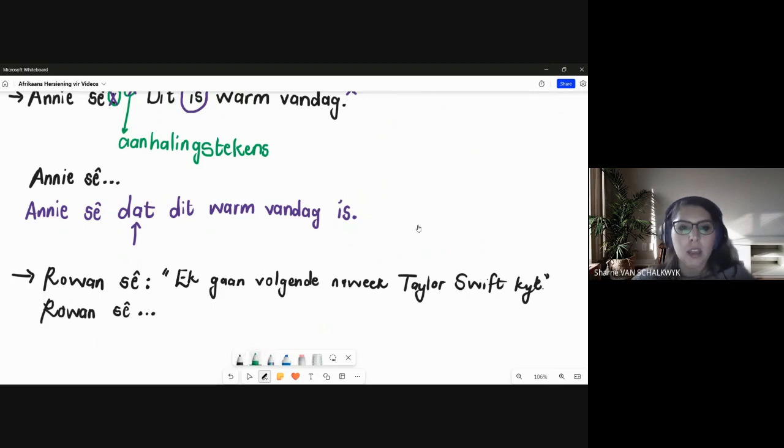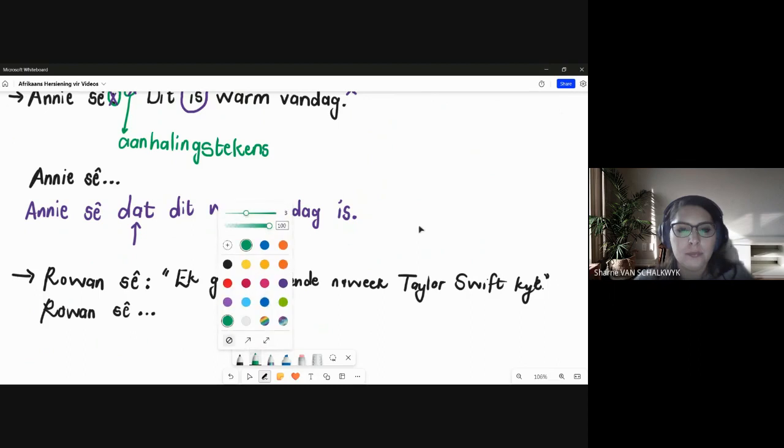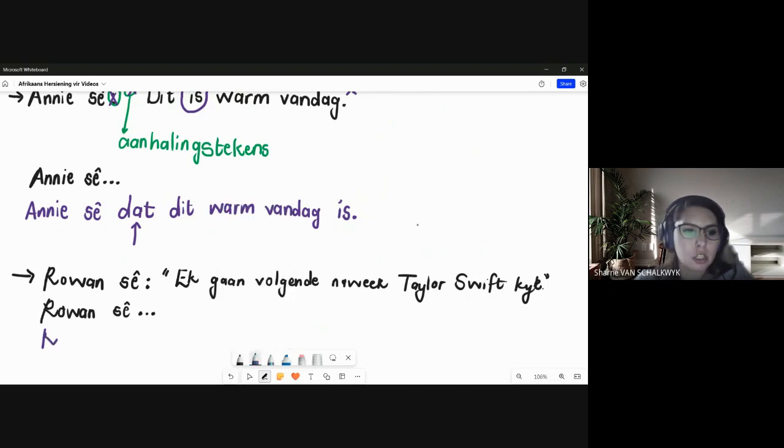Then you answer on your answer sheet, you rewrite the name. Rowan say, you know you're supposed to add a dot with "say". Now here we have a pronoun and we have gaan as my verb 1 and we have kyk as my verb 2.